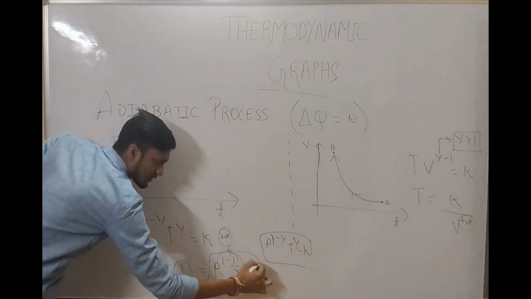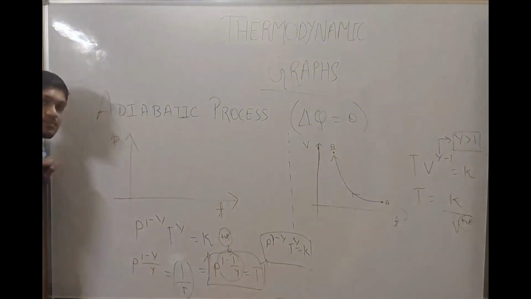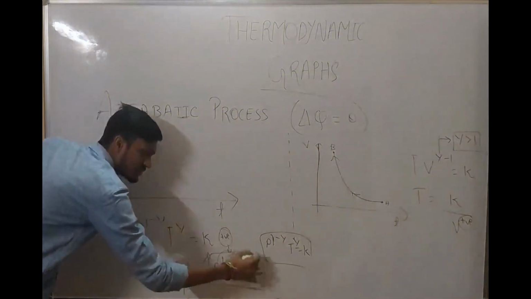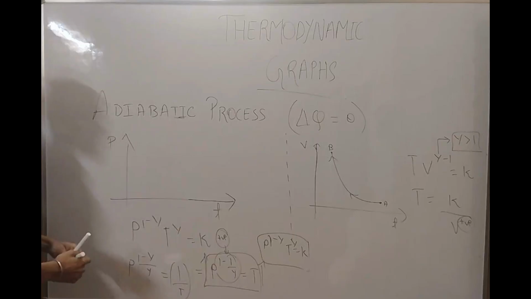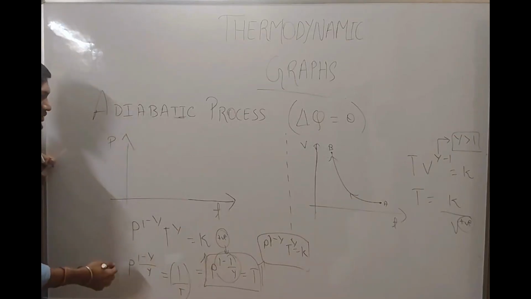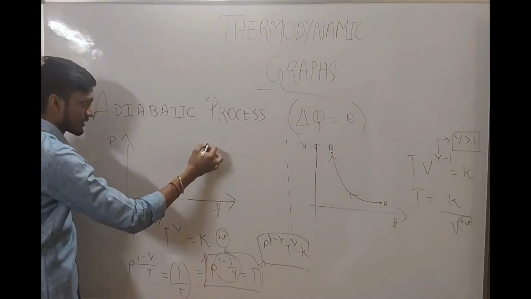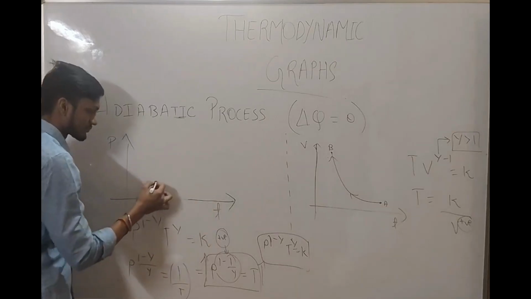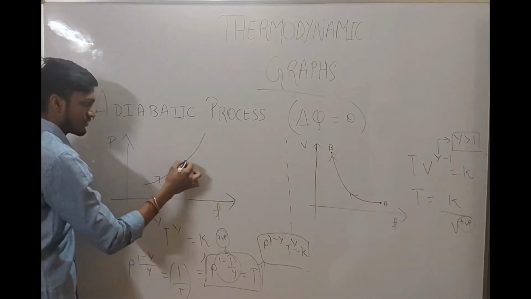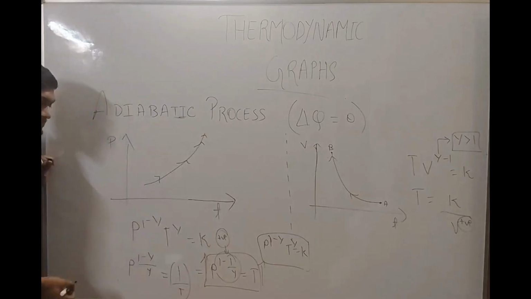So as the pressure increases, T also increases. Therefore, the graph would look something like this. Temperature increases, pressure also increases.